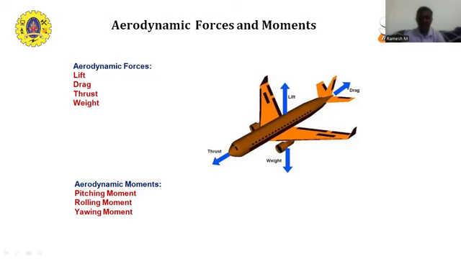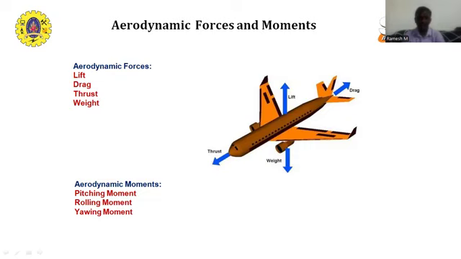The next aerodynamic force we are going to look at is drag. As the airplane moves through the air, there is another aerodynamic force present. The air resists the motion of the aircraft, and the resistance force is called drag.